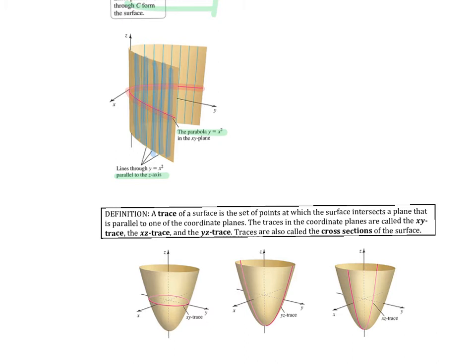So in two-dimensional space, y equals x squared is just simply that red curve. In three-dimensional space, if you use a 3D grapher such as Desmos, or I have a Mac, so I have a grapher that I've installed on my Mac, if you put in y equals x squared, you'll get this surface in three-dimensional space.